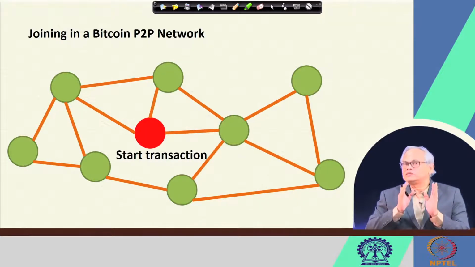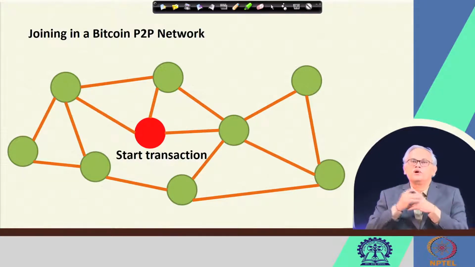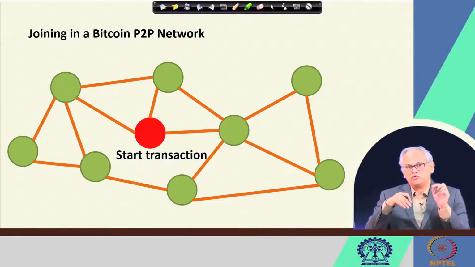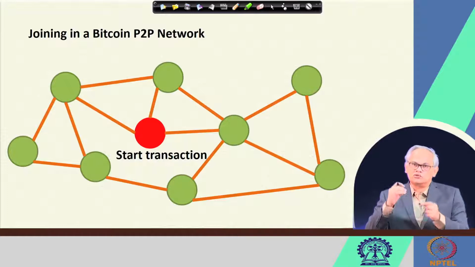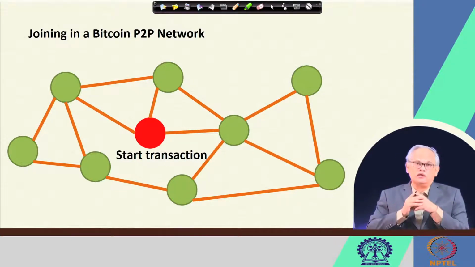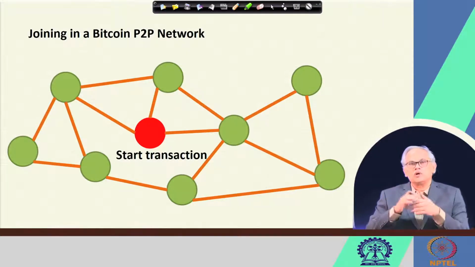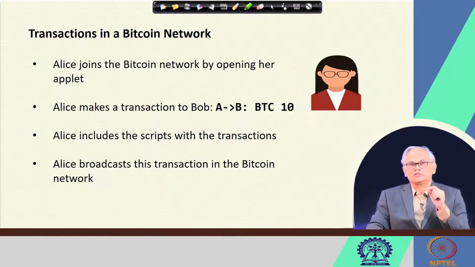Your node will behave exactly the way we saw when you went to btc.com: we saw a list of different blocks being added, and we could click on those blocks to get the list of transactions, and click on those transactions to see how much Bitcoin was being transferred and so on. Exactly the same thing you can do in your node once you have joined the network. But if you are interested in carrying out a transaction, you can start your transaction, but it is not necessary that you will always have to carry out a transaction.